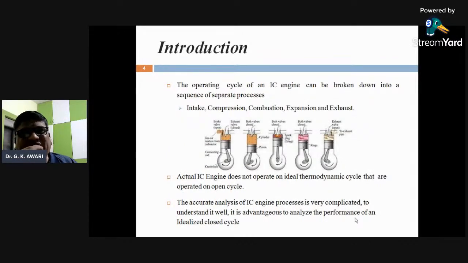So the operating cycle of an IC engine can be broken down into a sequence of separate processes. For example, the intake, compression, combustion, expansion, exhaust. These are the processes followed in the four-stroke engine or the two-stroke engine.